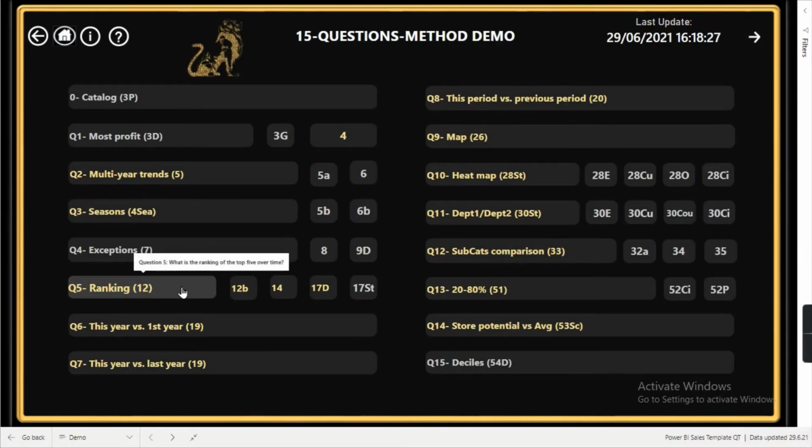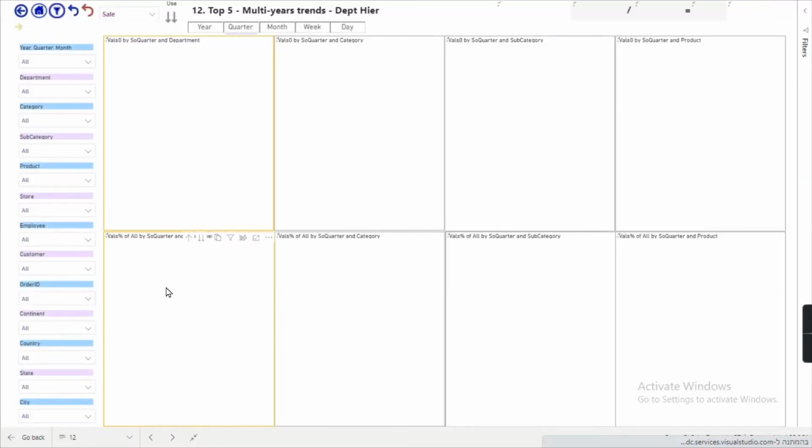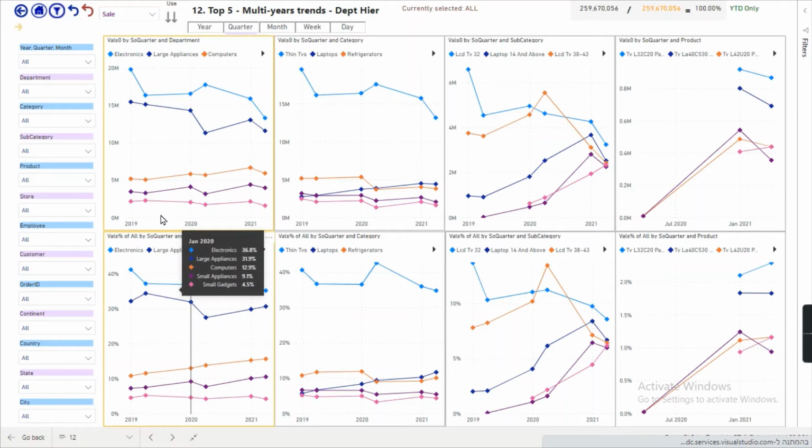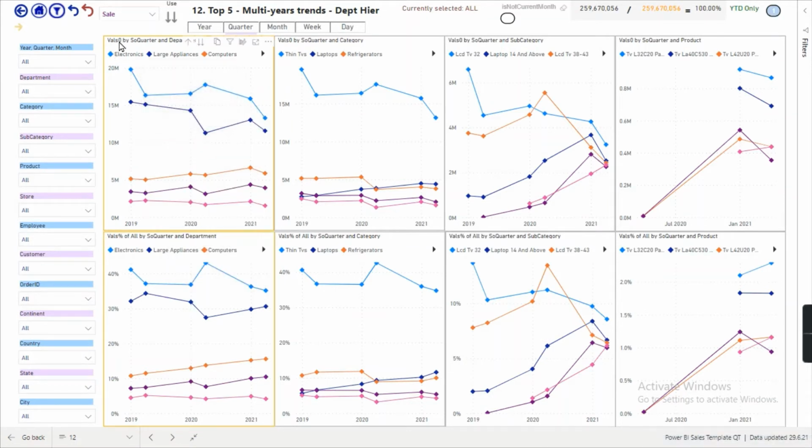Question 5. What is the ranking of the top 5 over time? Let's go to page 12. So here in department, we can see the top 5 departments: electronic, large appliances, computers, and so on, small appliances and small gadgets.